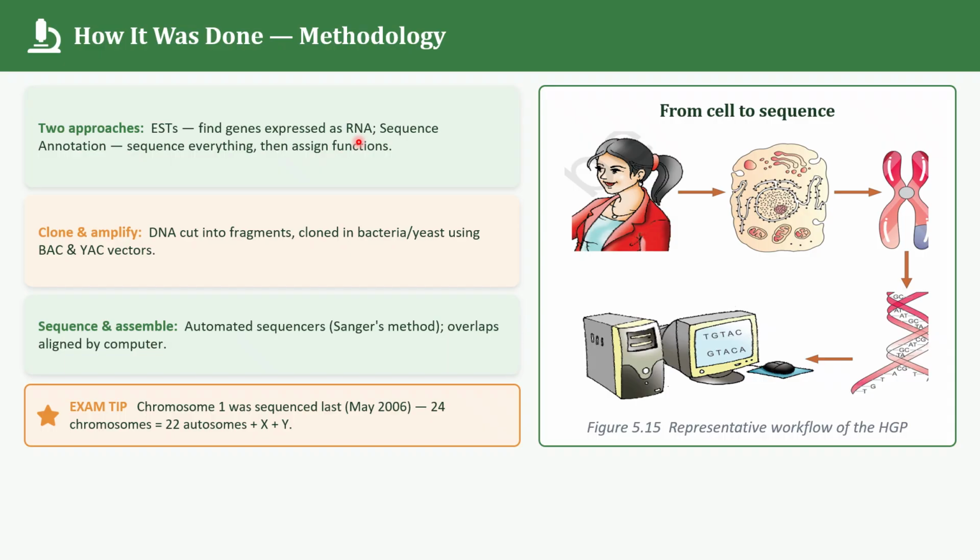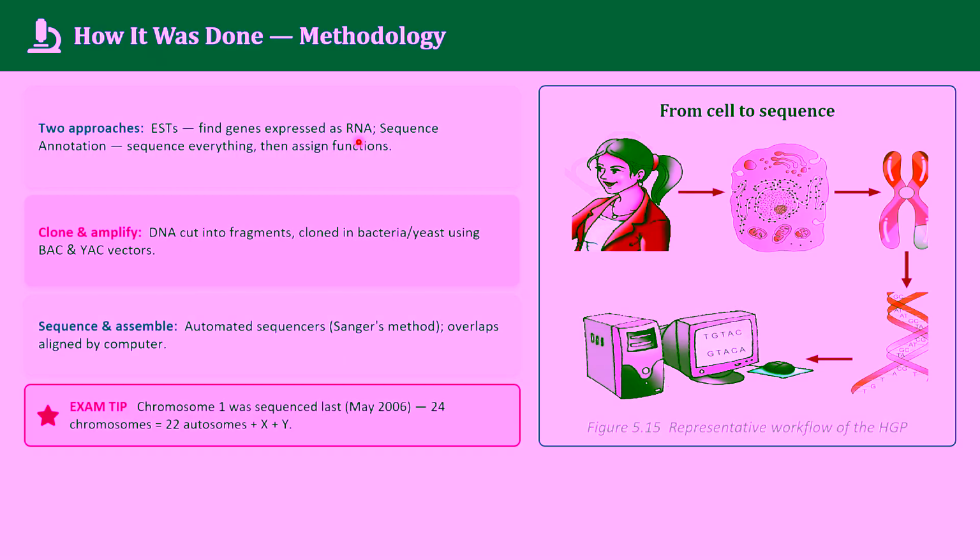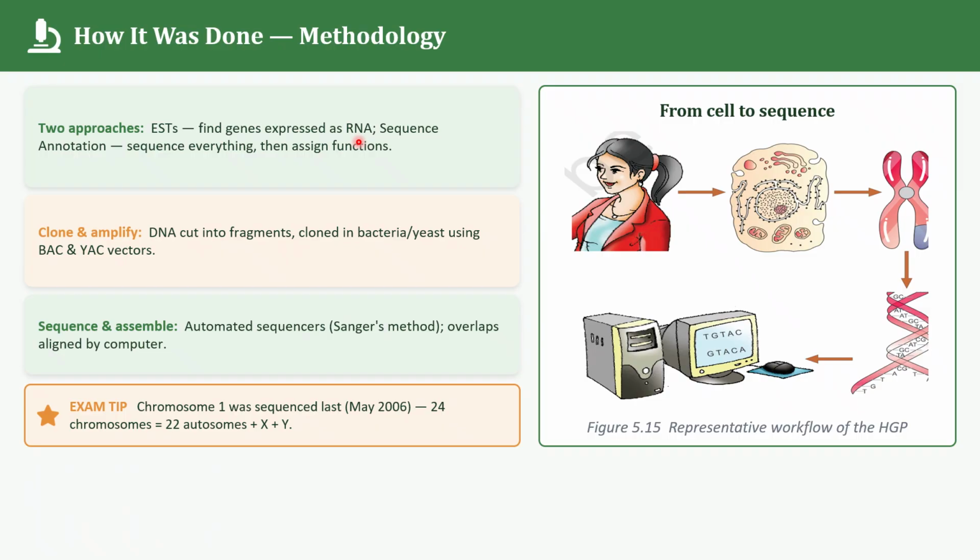Scientists studied these expressed sequences to identify the genes, and these are called ESTs, the expressed sequence tags. Just think of a genome as a huge library, and some books are actually being read or used. So the EST approach is to find the genes that are actively expressed.